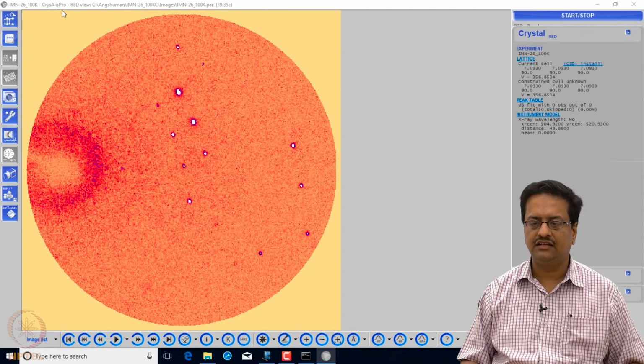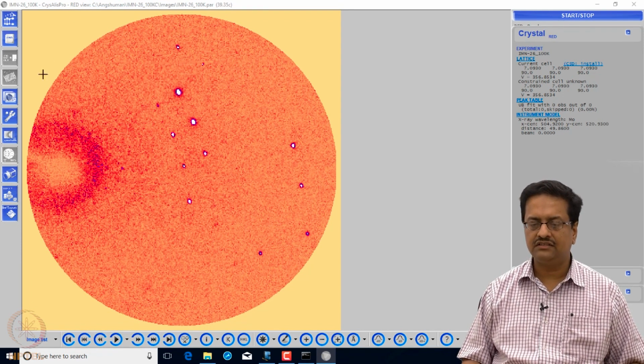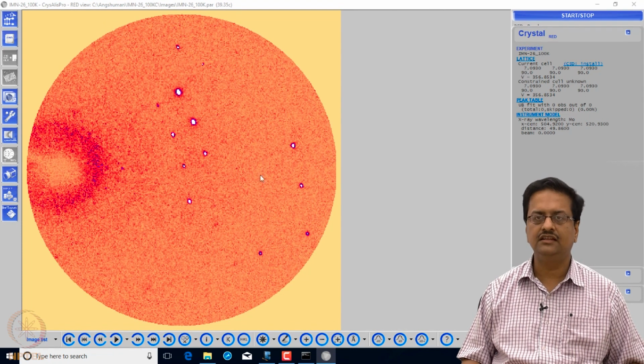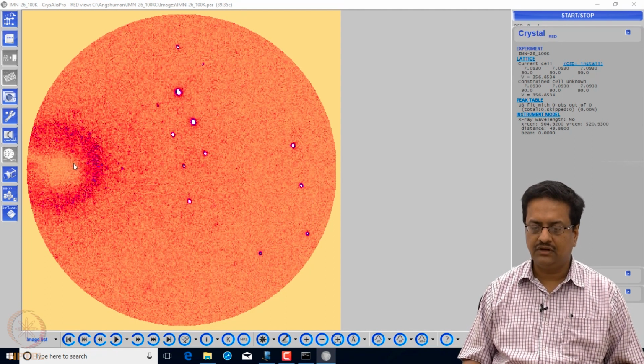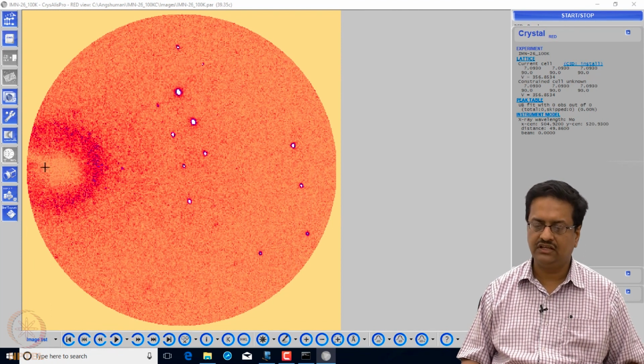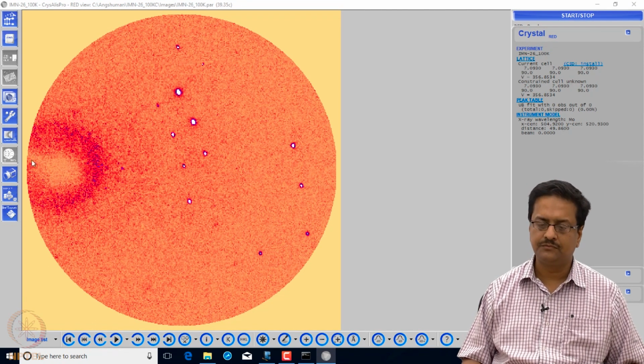It is the version which is used for data processing. What we are seeing in this screen is the dark reddish part, the detector surface, which records the diffracted intensity, and there is one small whitish zone on the left hand side which I am showing you using the pointer. This is the shadow of the beam stop, and the beam stop goes this way.